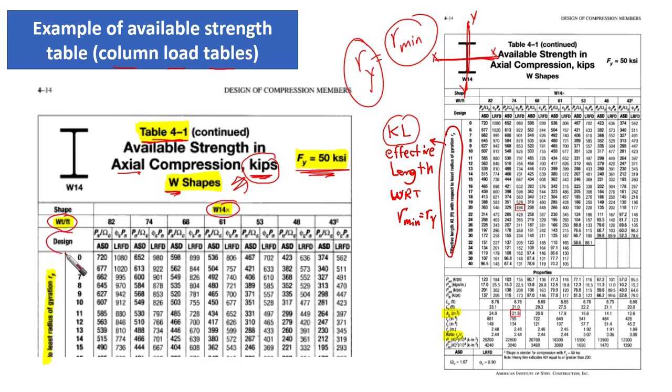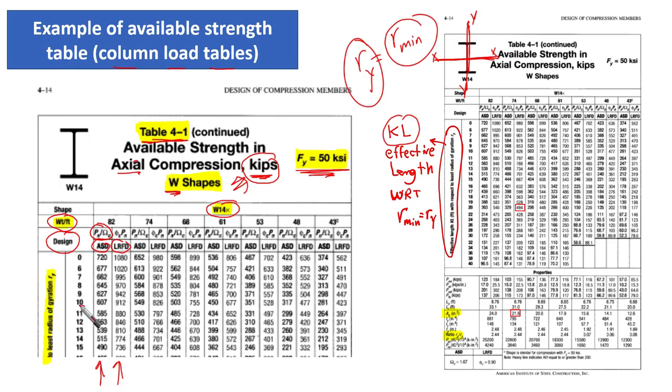After that, the third row is the design basis, giving us two columns: ASD and LRFD, designated, as we know, with Pn over omega c or phi c times Pn. Every column provides the available strength in axial compression for the corresponding KL, or effective length, with respect to the minimum or least radius of gyration.